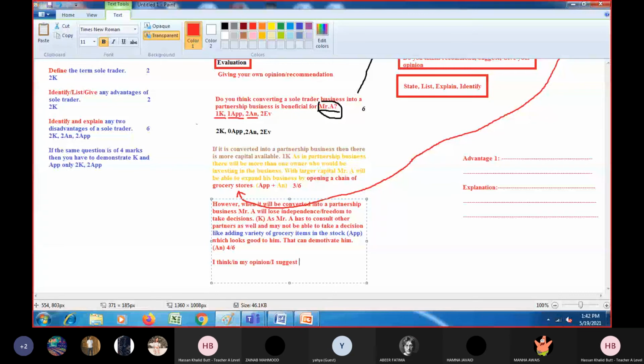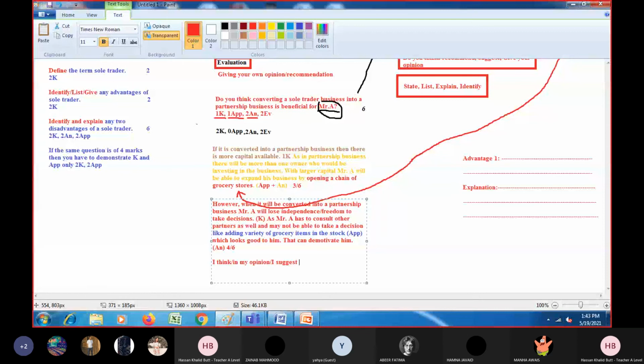Evaluation without justification is nothing. Justification means if you are favoring one side, or giving an argument in favor, you have to give the logical reasoning, the justification why you chose this, or why you have this kind of view.